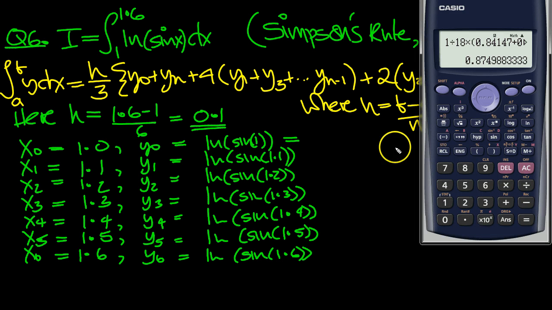Let's get our calculator. Now the final answer needs to be to 3dp, so let's work in the interim to 5 decimal places to ensure we have a sufficient degree of accuracy in the method. So ln of sine 1.